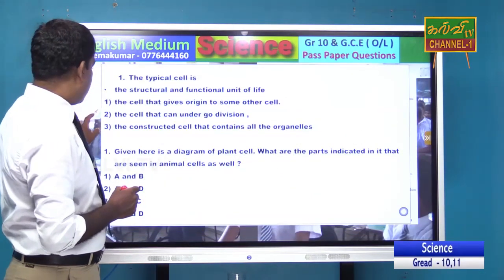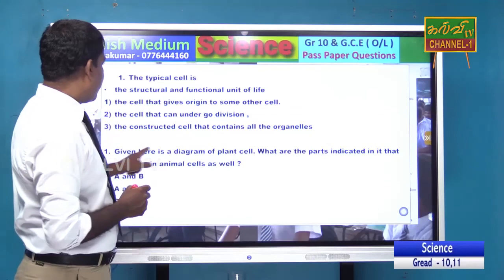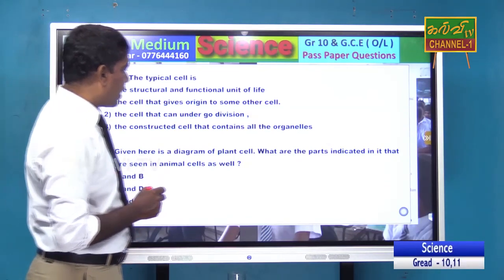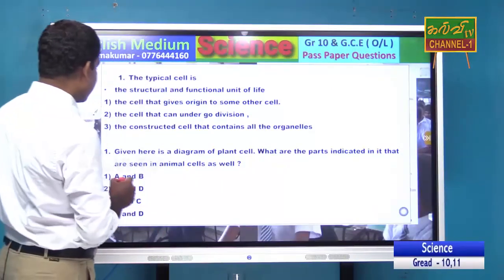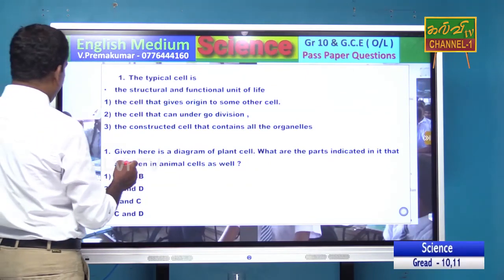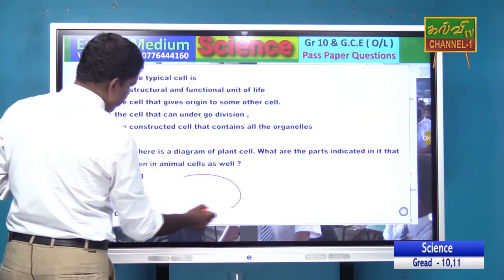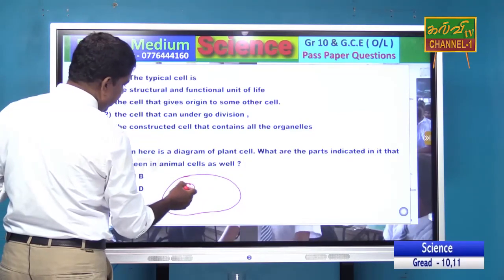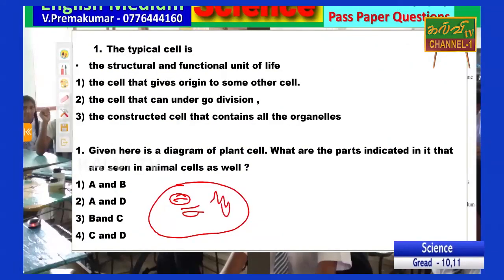What is given here: the diagram of plant cells. What are the parts indicated that are seen in animal cells? So they have given a plant cell and indicated several cell organelles in it as A, B and C. According to that, they are asking which parts are seen in animal cells as well.